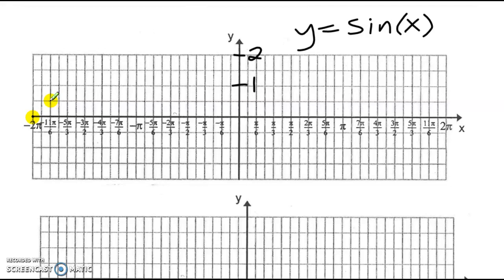It's not labeled, but the dash in between right here. That's negative 7 pi over 4. So exactly halfway in between each one of those. That's negative 7 pi over 4. Okay, so that's at what? 0.7? So 0.7's about right there. Maybe right there? But let me put dots in there so you know.